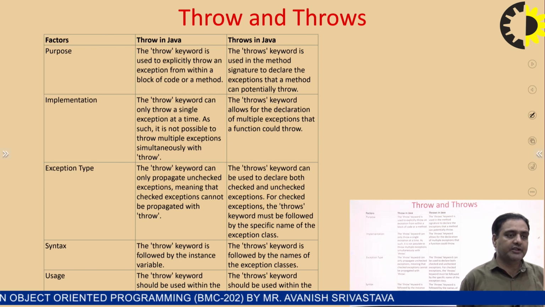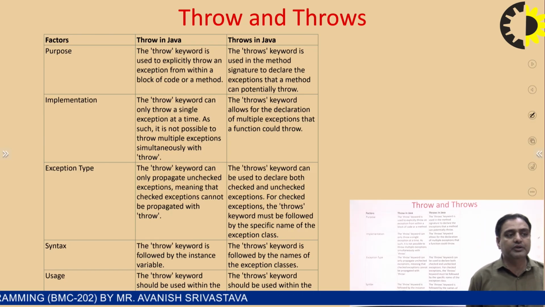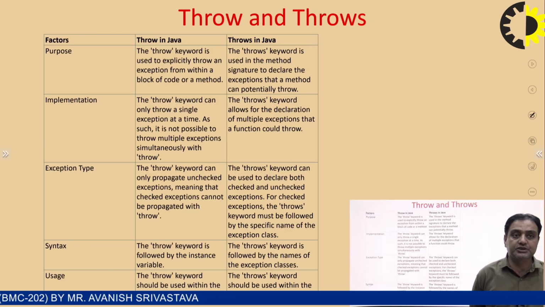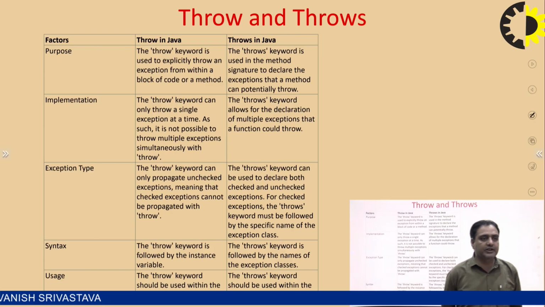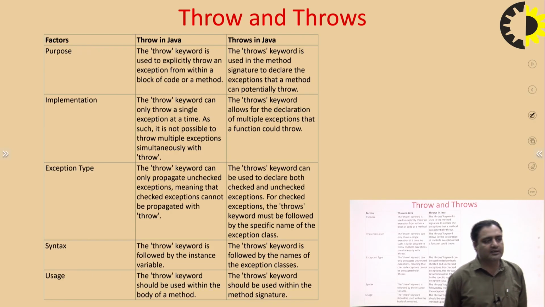The throws keyword can be used to declare both checked and unchecked exceptions. For checked exceptions, the throws keyword must be followed by the specific name of the exception class.